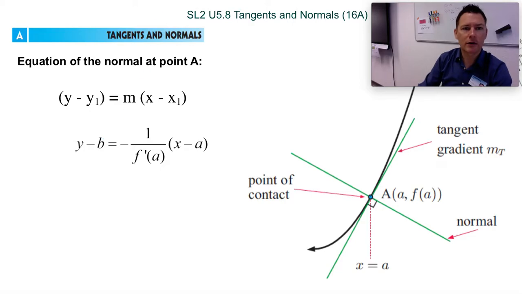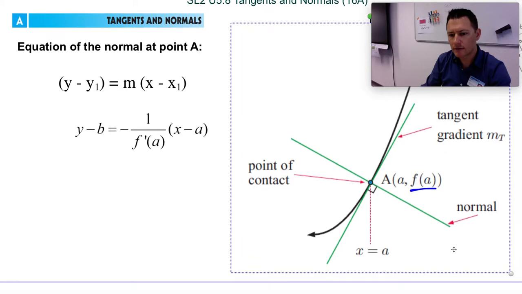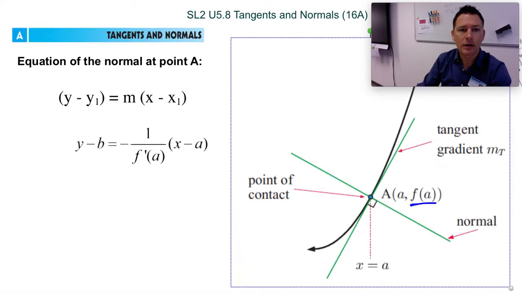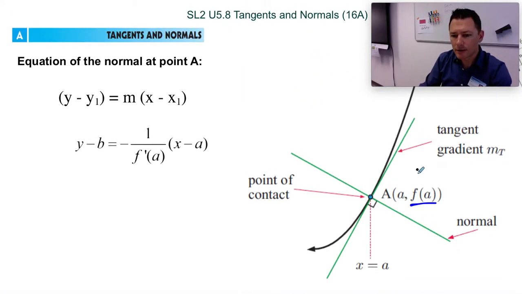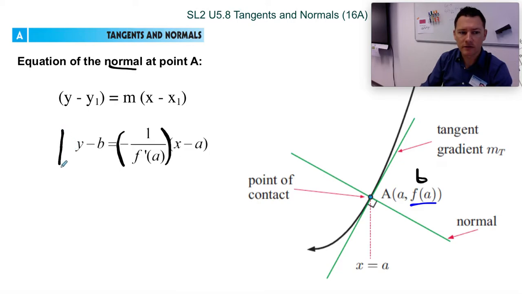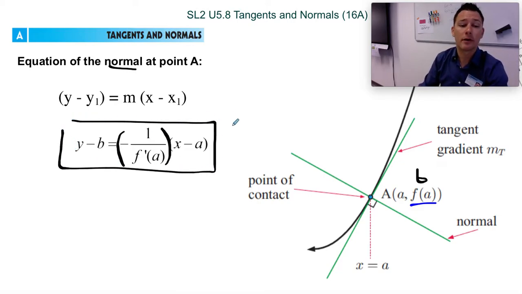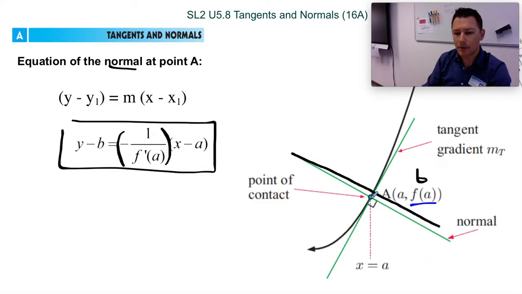Instead of y1, let's call it b, or you could call this f of a. This is the slope of the normal. Here's x, and here's the point a. So this is a way to write the line equation for this normal at point a.